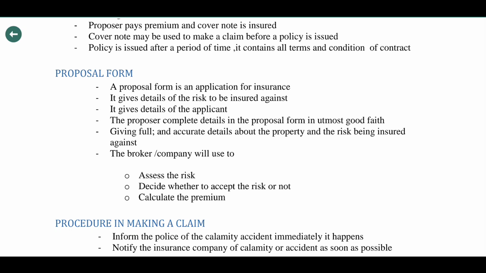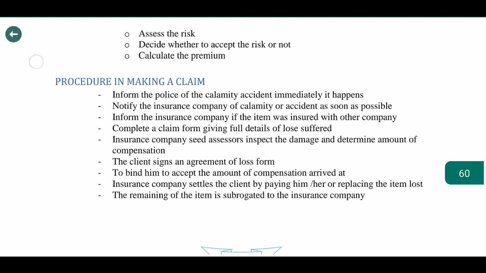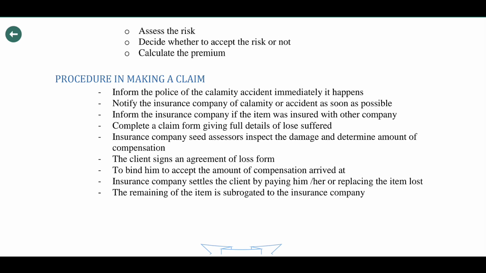Okay, so the proposer completes details in the proposal form in utmost good faith, like I said, giving full and accurate details about the property and the risk being insured against. The company or the broker will use it to assess the risk, decide whether to accept or not, and also calculate the premium.